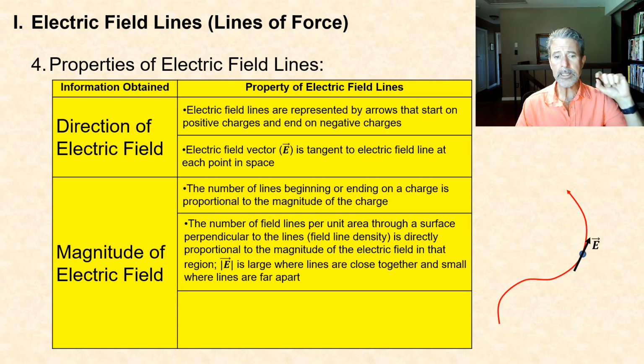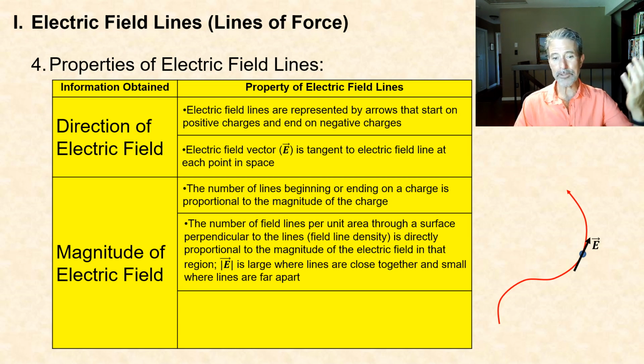We're saying here that the number of field lines per unit area through a surface perpendicular to the field lines, this is what we call the field line density. That is the number of field lines penetrating a surface divided by that surface area, is directly proportional to the magnitude of the electric field in that region.